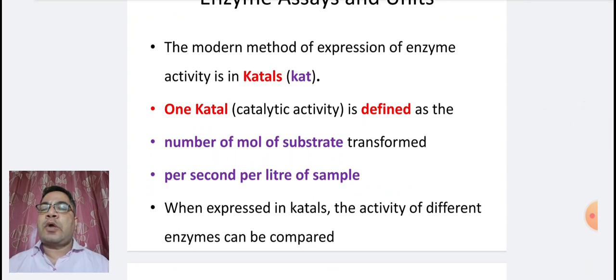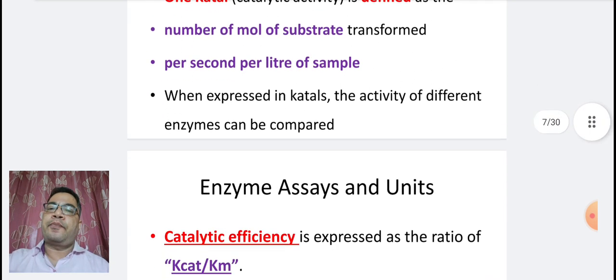The modern method of expression of enzyme activity is catals. One catal, that is catalytic activity, is defined as the number of mole of substrate transformed per second per liter of sample. When expressed in catals, the activity of different enzymes can be compared.